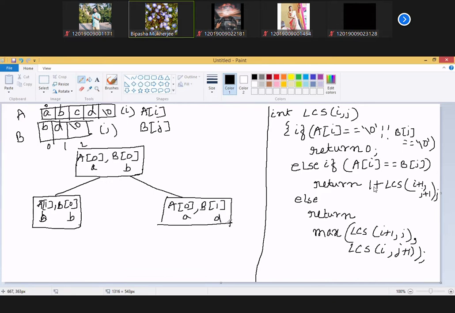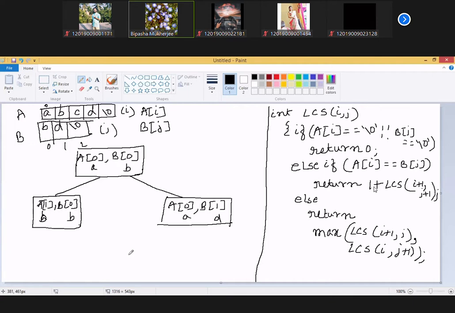Again, no match. So if no match, again this type of call will be made. If it is b, b, that means the match. So if match, then what should it return? If I'm not doing anything wrong, for this one, this is a1, b0. So a1, b0 is matching.